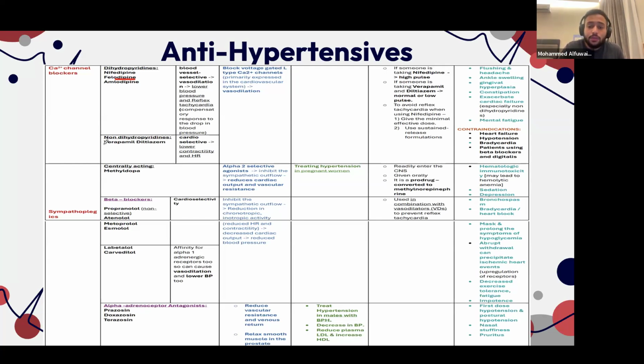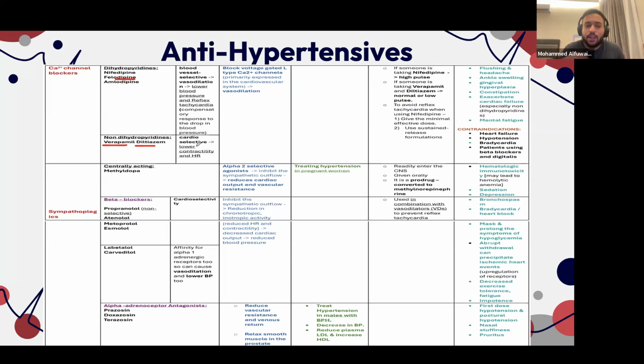In the heart, you have two non-dihydropyridine calcium channel blockers, which is also what class of antiarrhythmics? I'm going to teach it later on. Class 4, excellent, good. Which is verapamil and diltiazem, okay? These are cardioselective, so it decreases the heart rate, decreases the contractility, which will decrease the blood pressure, okay?